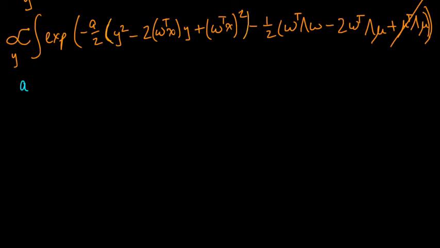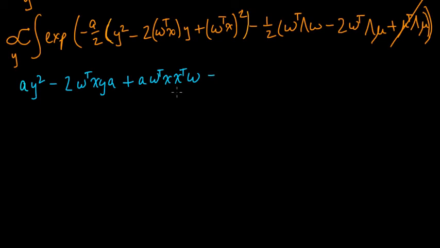So this is a times what's inside here: a y squared minus 2 W transpose x y a plus a times (W transpose x) squared. And let me write this in the form x transpose W, because this is a scalar, so it's equal to its transpose.